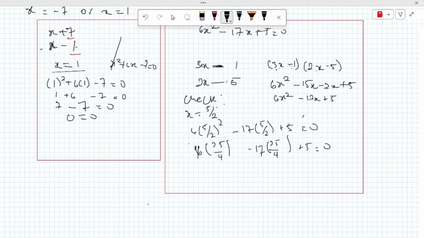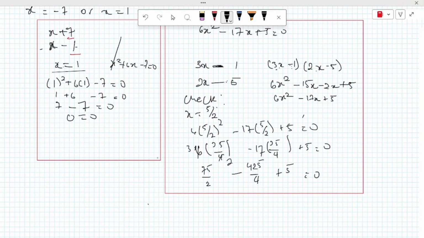This goes 3 times, and this goes 2 times. So 3 times 25 is going to be 75 over 2 minus, calculator now, 17 multiplied by 25 is 425. 425 over 4 plus 5 is equal to 0.